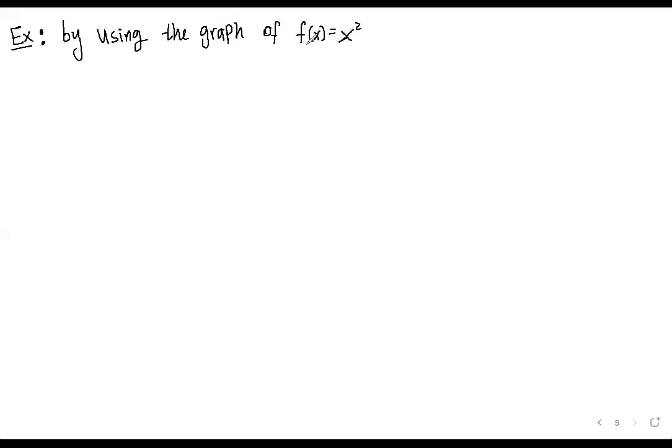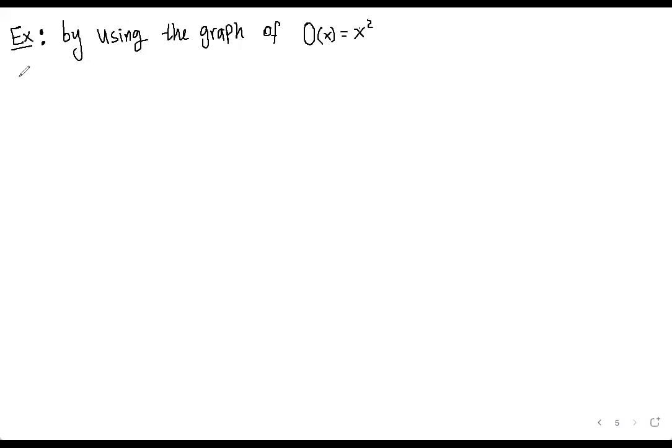So I give you a hint. My original function is f of x equal x squared. Okay. Let me change f of x to O of x. Why? Because I want O to be the original function. O of x equal x squared.